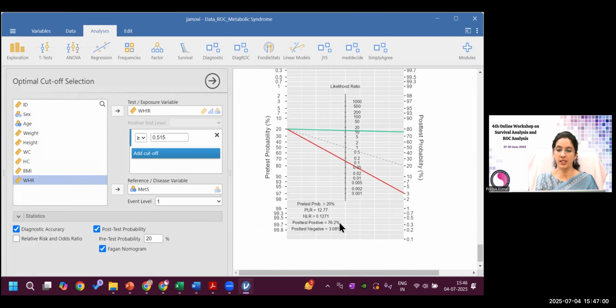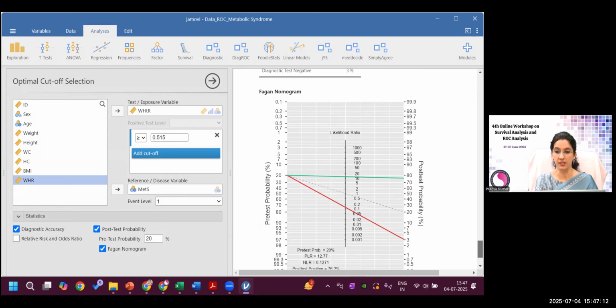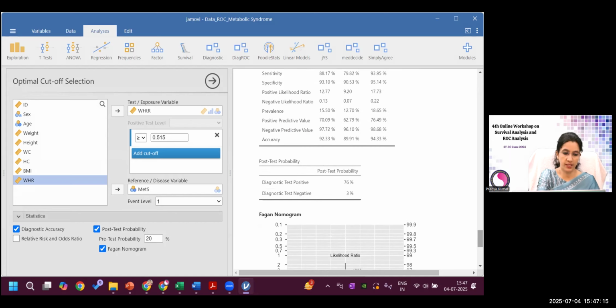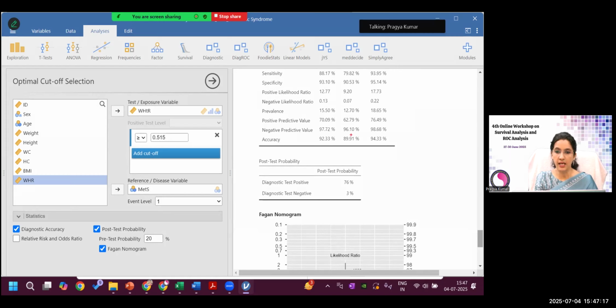So there was a huge increase in the post-test probability, and your post-test probability for a negative test is also good, because it says there is only a 3.0% chance that the person will have the disease. You can see here in the LR, the positive likelihood is 12. It should be more than 10. Negative likelihood should be less than 0.1. It is nearly 0.1. So this is how you interpret.